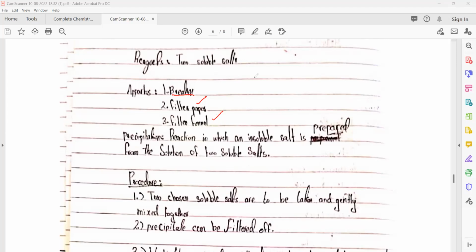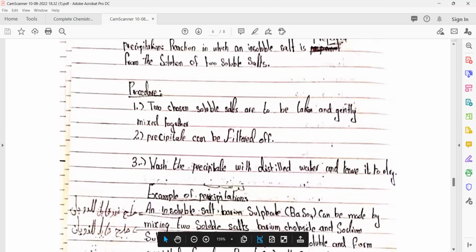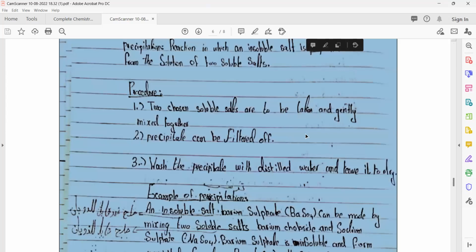How? Let's see this method and the procedure here. Number 1, choose soluble salts to be taken. Precipitation, this is an insoluble salt.